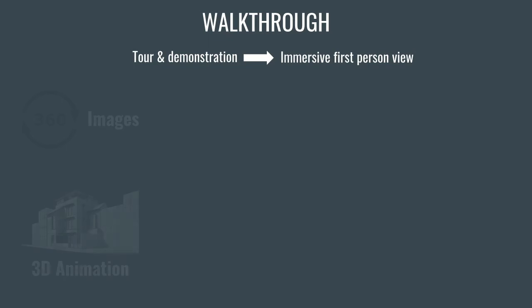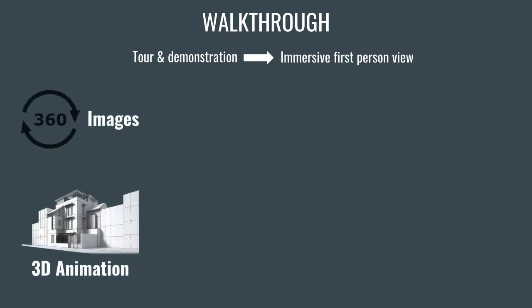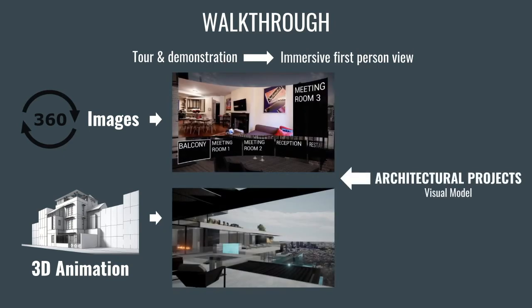VR walkthroughs are created using 360-degree images combined to create virtual environments and 3D animations to create a prototype model of an environment or building. This has been recently introduced in architectural projects, creating an encompassing visual model. It is used to test cases in project development for easier collaborations with clients.